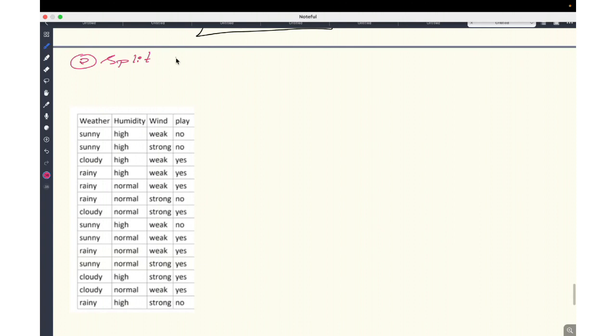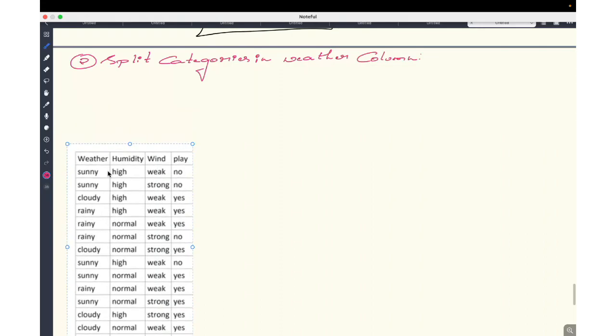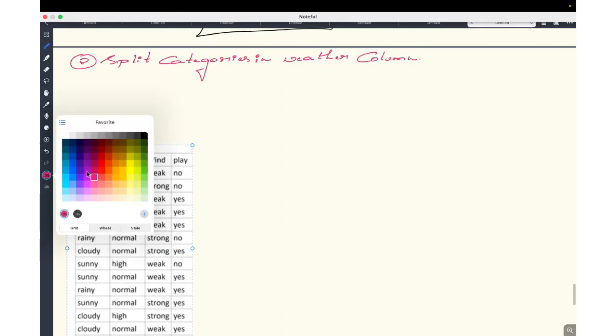How many categories do you have in the weather column? 3 categories. Okay.